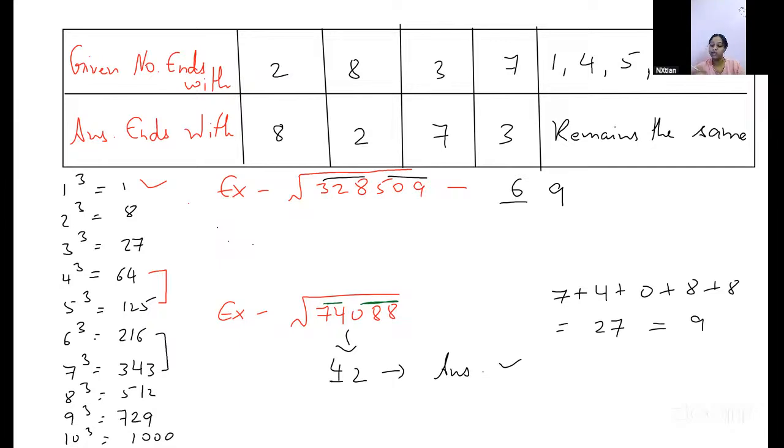Are you all getting 69 for this one? 328509. Then 69. Yeah, it should be 69.